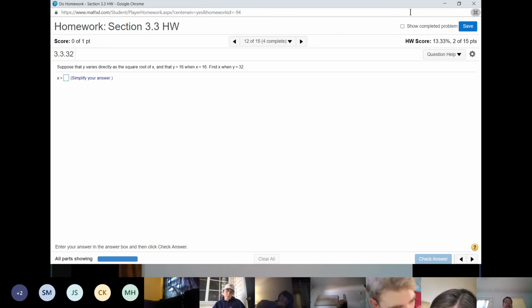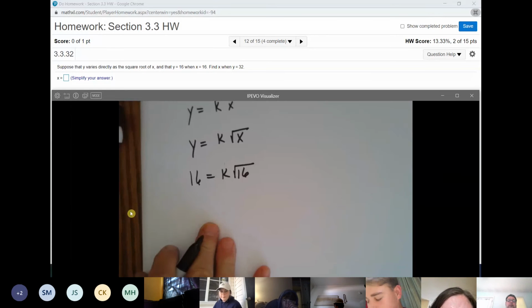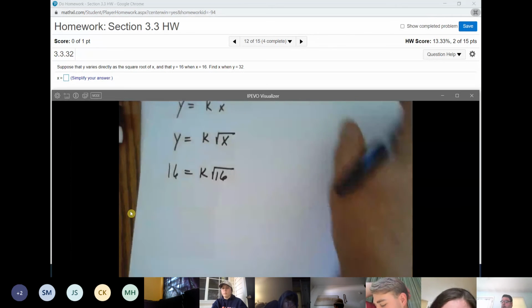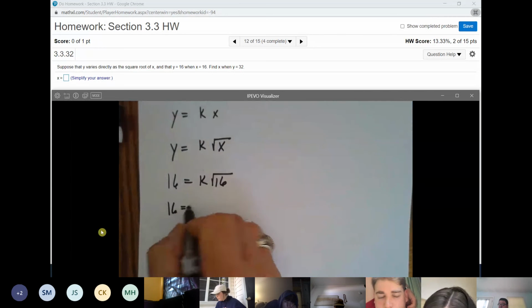So suppose that y varies directly as the square root of x. So that would be y is equal to k times the square root of x. Y is equal to 16, and x is equal to 16. So 16 is equal to 4k.